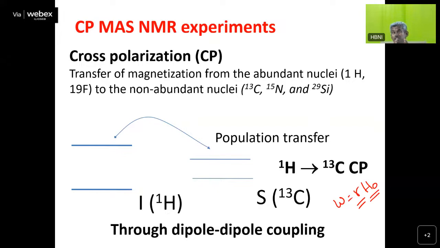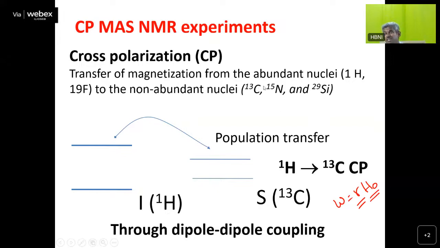The cross polarization can be achieved by suitable pulse programs, by applying suitable pulses. With the help of suitable pulses, we can affect the transfer of population from proton to carbon-13. That is what we are discussing in this slide. Next slide: why is cross polarization required? Because we want to enhance the signal-to-noise ratio from carbon-13, nitrogen-15, and silicon-29.